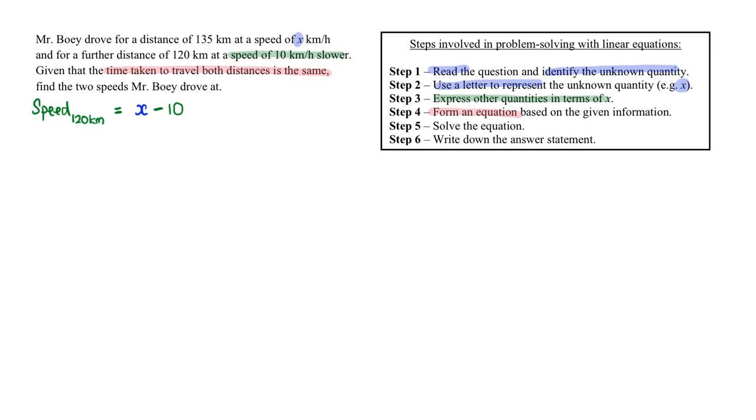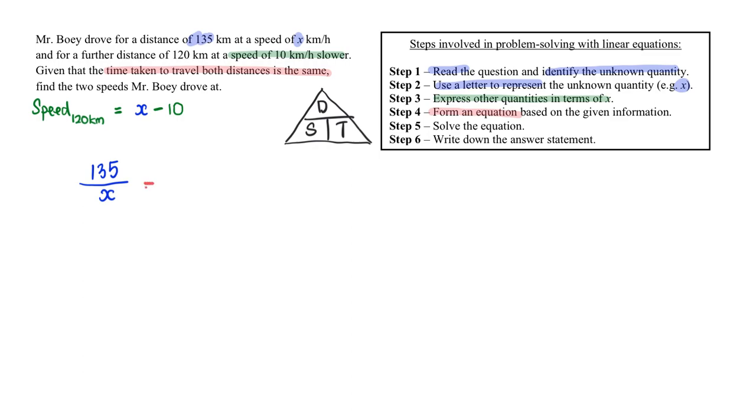And at this juncture, do take note of the relationship between distance, speed, and time. To find the time, distance divided by speed. And so, 135 kilometers divided by the speed will give me the time taken for the first part of the journey.